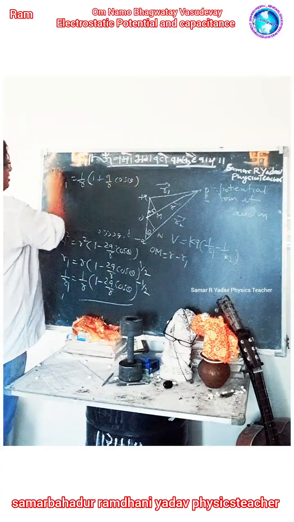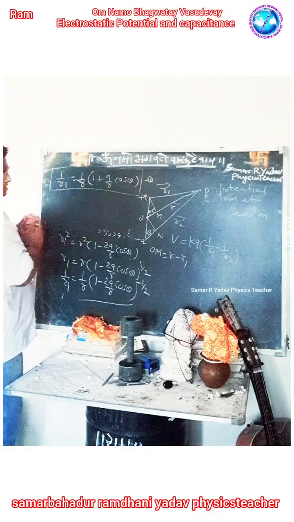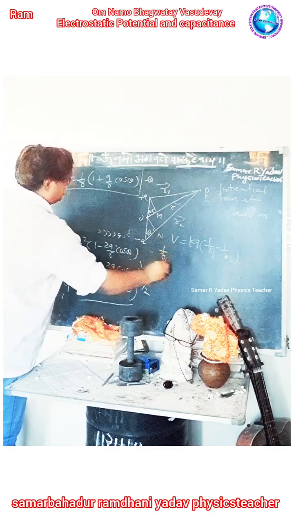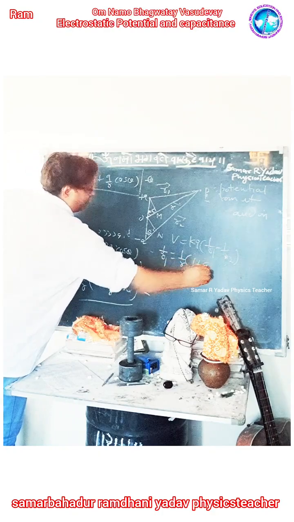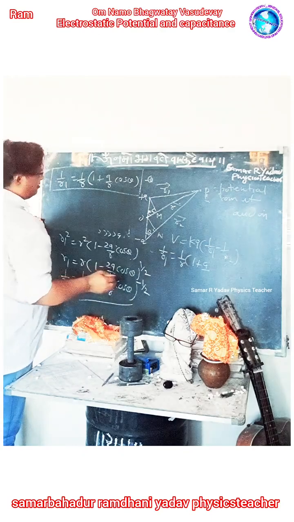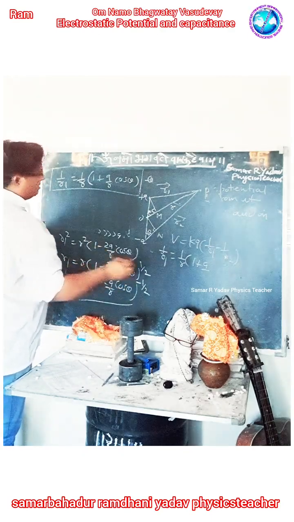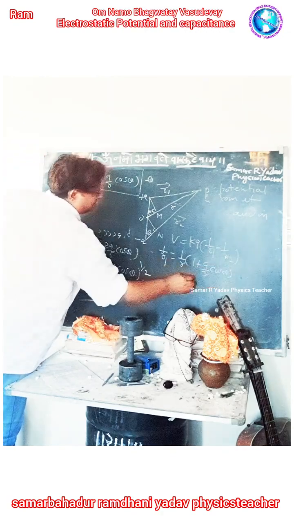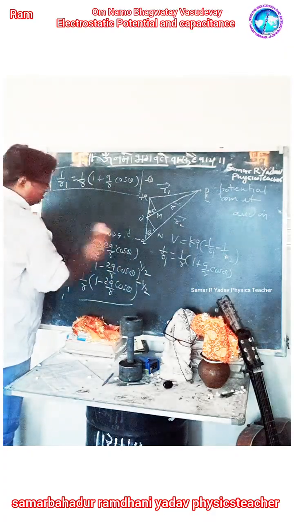So this is the second equation: 1 upon r1 is equal to 1 upon r times 1 plus a upon r cos theta.